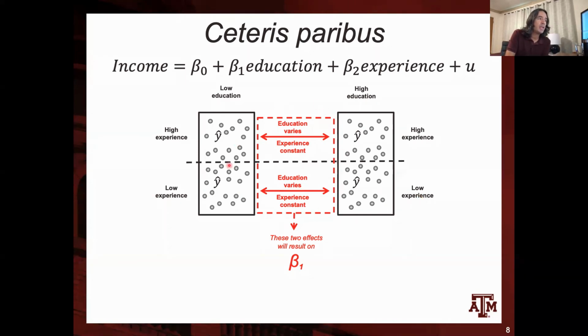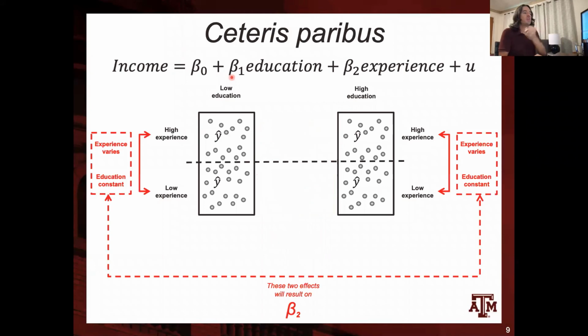And this aggregated effect here is summarized by beta 1. And I'm going to show you the formula for beta 1, which we actually don't have to know to do the calculation by hand, because Stata will calculate beta 1 for us. But this logic here is important to understand, right? You are comparing people with different educations, similar experience, to estimate beta 1.